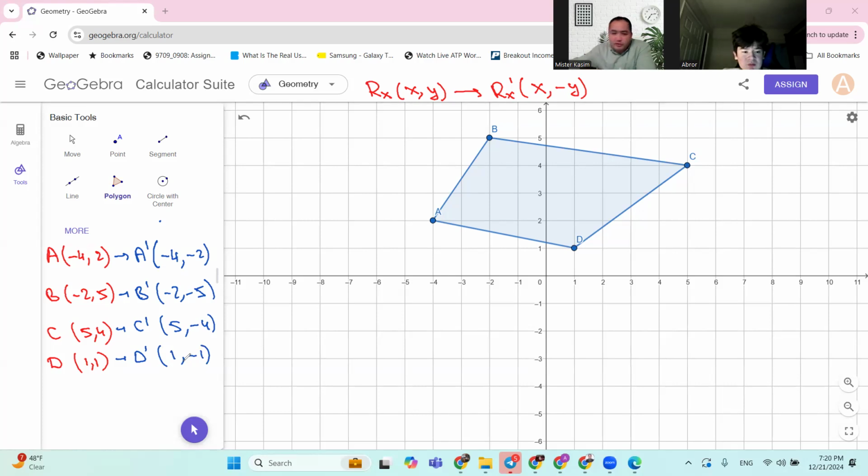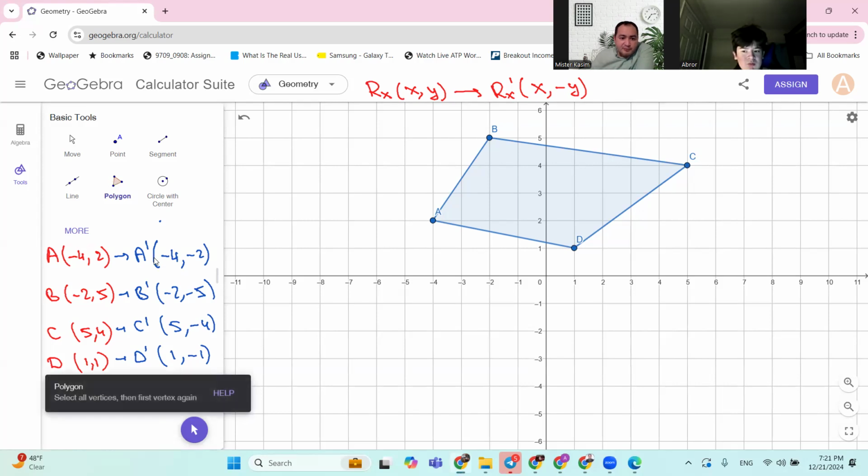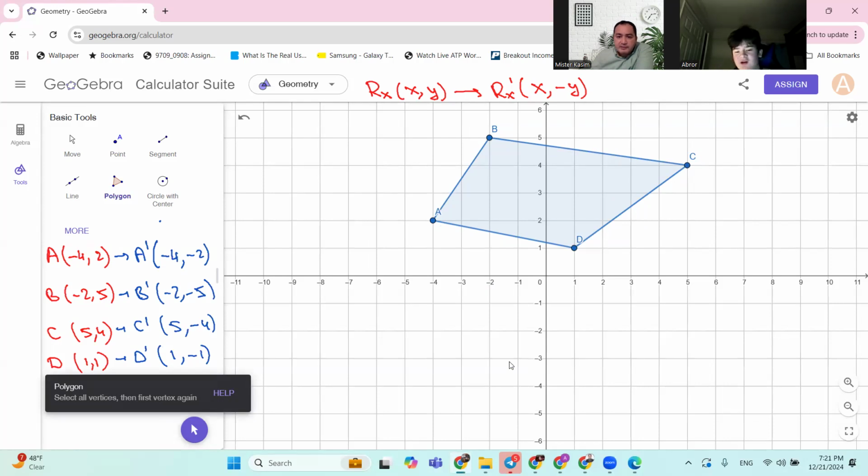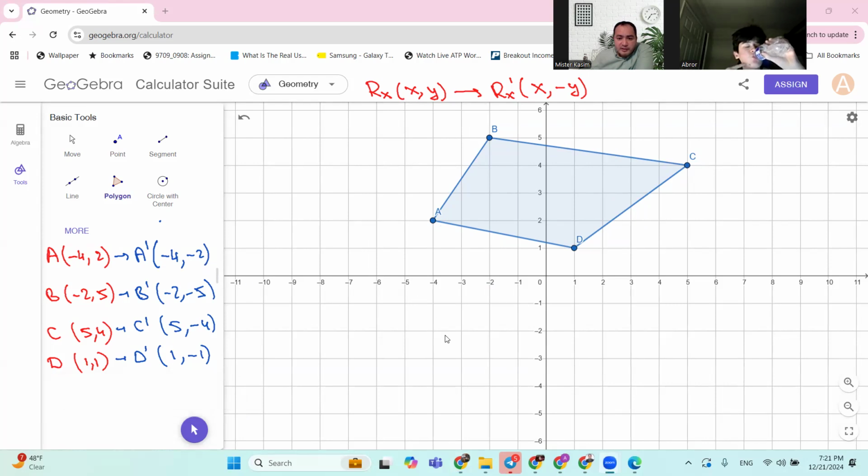Now, if I going to draw this, I start with A prime, (-4, -2). I start here. After that, (-2, -5) is here. And (5, -4) is here.